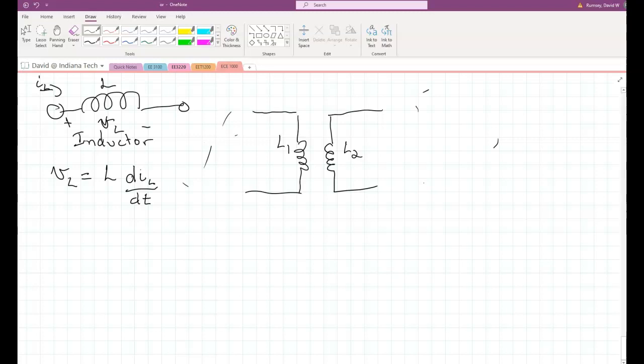So when you run an AC current through this, it creates a magnetic field, and if these inductors are close enough, that magnetic field actually generates a current in this second coil. So again, I'm saying we have an AC current, and I'll call this the current going through L1. What that will do is create a magnetic field.